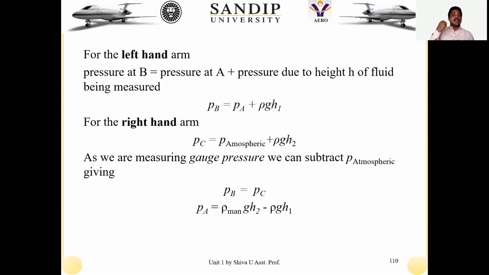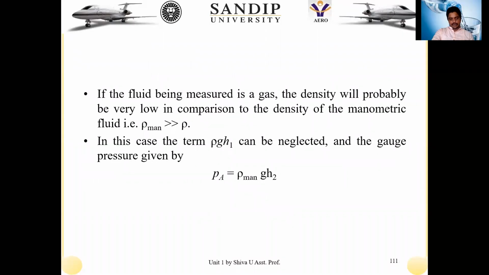And third, equate the pressures at the equilibrium. Then finally you will get the resultant variation of pressure, or the unknown pressure can be found.